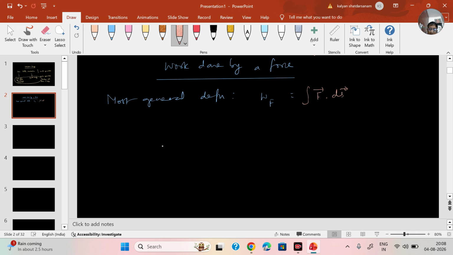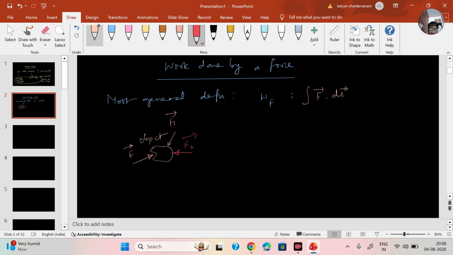So why are we defining it like this? Let us understand. First of all, you might be applying this force on some object, and you want to find work done by this force. But not only this force, there may be many other forces acting. There may be some F1, there may be some F2, and so on.